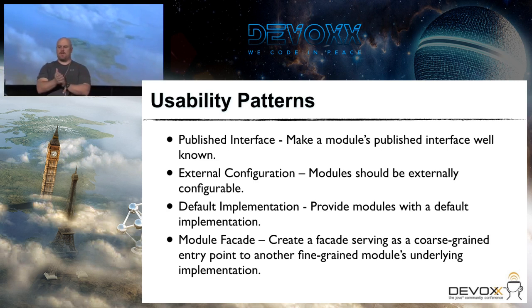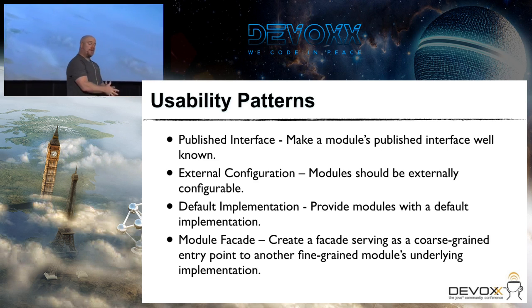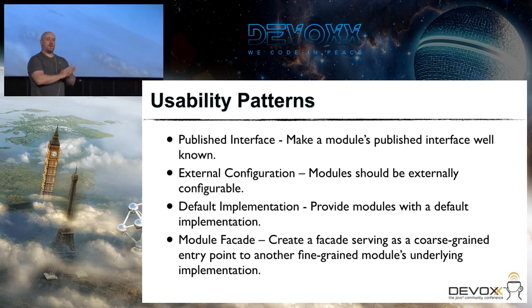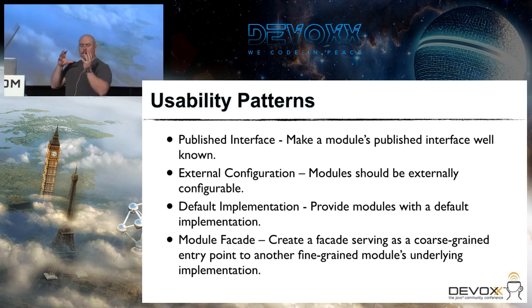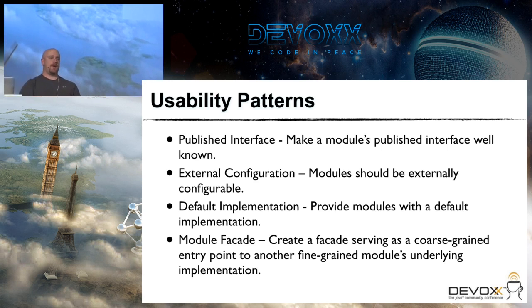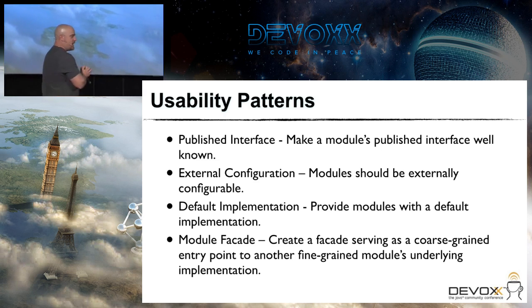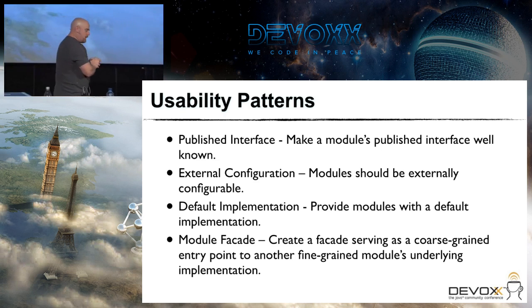Usability patterns, published interface. In Java today, I actually don't have the ability to implement this notion of a published interface. That is, what are the behaviors of a module and how do I expose those behaviors via an interface?